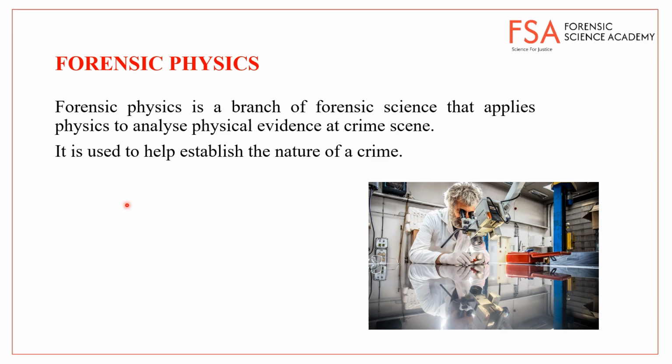In such types of cases, we have to determine the speed of the vehicle, the direction of the vehicle, and the impact of the collision. Using all the physics laws, we have to find out the nature of the crime. In such cases, forensic physics plays a very crucial role.